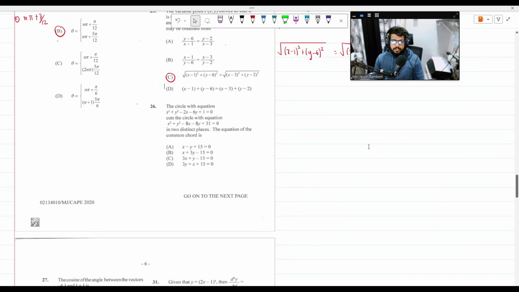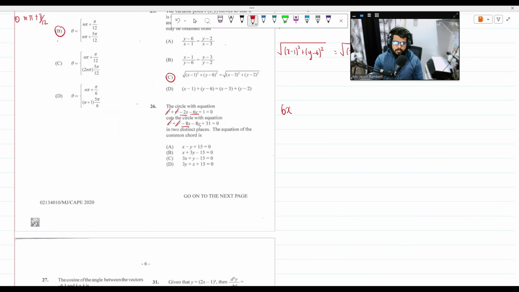The circle with equation that cuts the circle with equation that at 2 distinct points. The equation of the common chord is, so I'm going to take away these 2 equations from each other. The x squared and the x squared, the y squared and the y squared take away. I'm going to get minus 2x take away minus 8x, which is minus 2x plus 8x, which is 6x.